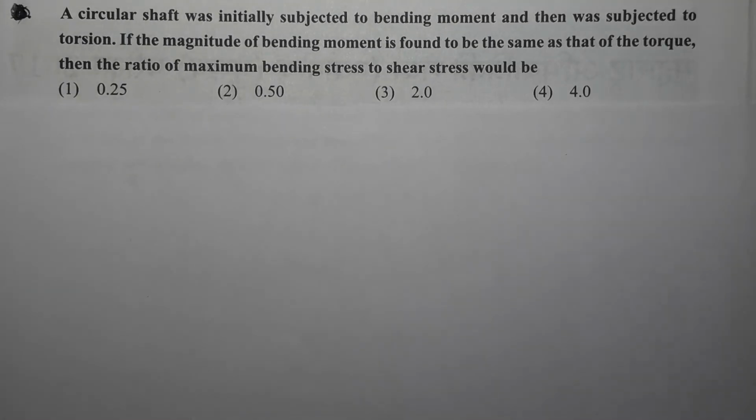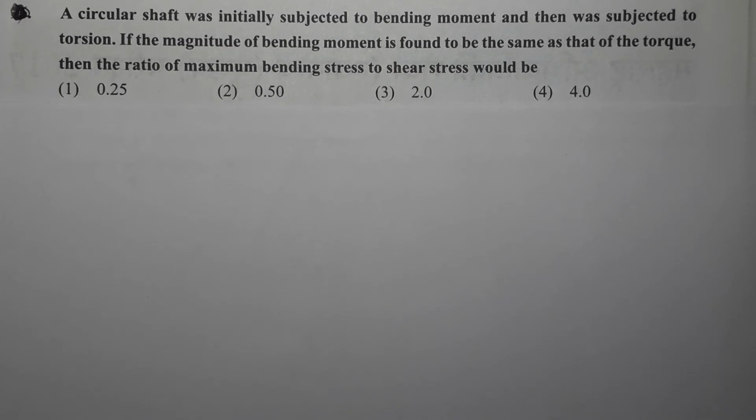Next question. A circular shaft was initially subjected to bending moment and then was subjected to torsion. If the magnitude of bending moment is found to be the same as that of the torque, then the ratio of maximum bending stress to shear stress would be.